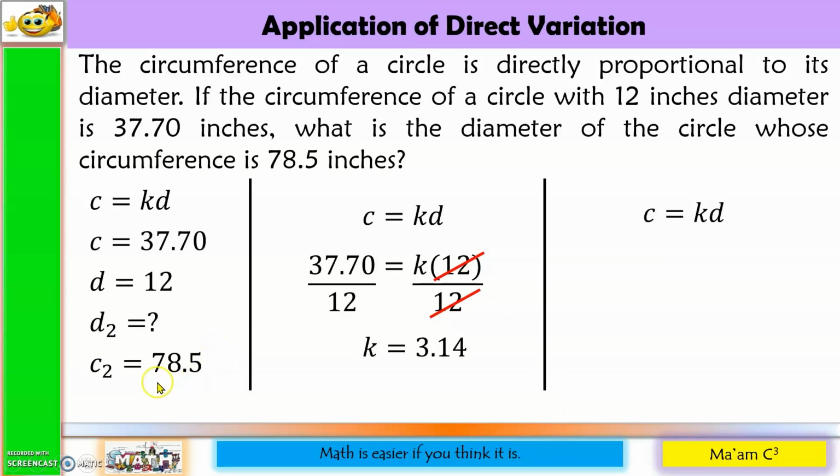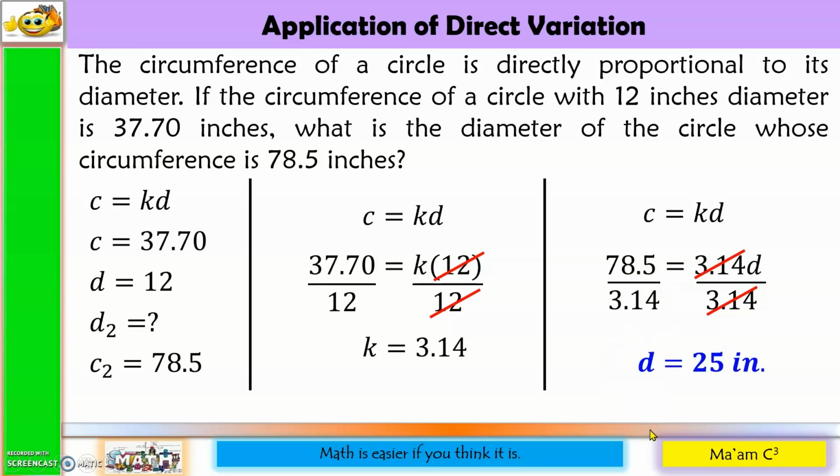Our C is 78.5 and our k is 3.14. Let us divide both sides by 3.14. So D is equal to 78.5 over 3.14, 25 inches. So the diameter of the circle whose circumference is 78.5 is 25 inches.